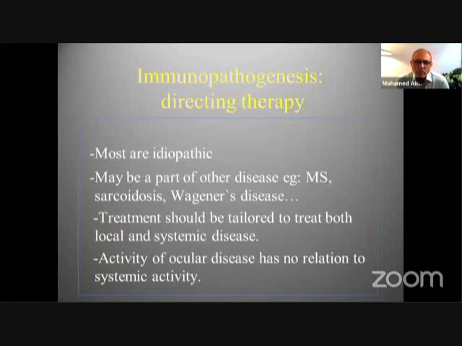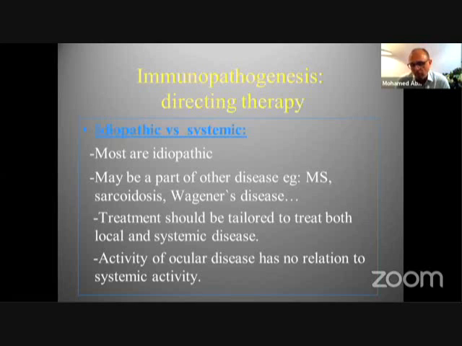The second question, you need to ask yourself whether this is only a uveitis located to the eye, or is it a part of a systemic disease? About 50% of cases, it's only in the eye. However, sometimes it's associated with systemic disease, as previously mentioned.